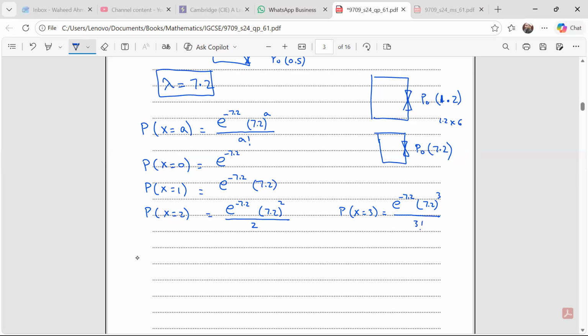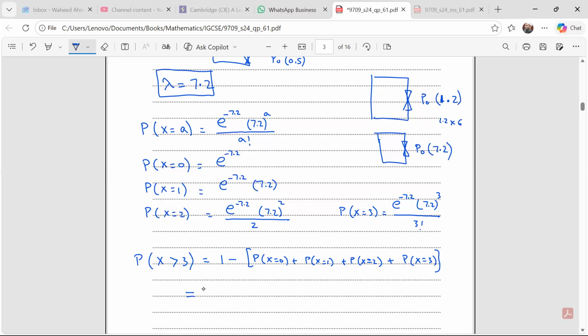Now, what's the probability that the number of passengers X is more than 3? It is 1 minus the probability that no passenger will come, or one, or two, or three passengers will come. If I subtract it from 1, I get the probability that more than three passengers will come.